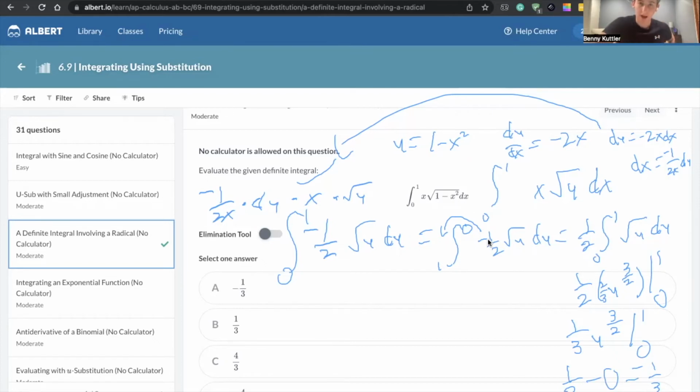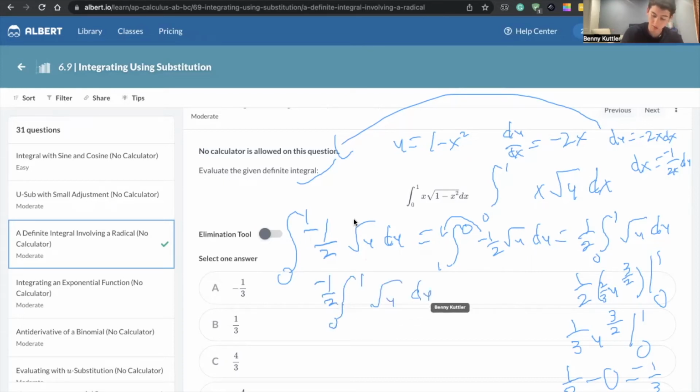Instead of changing our bounds to be in terms of u, I'll erase some of this up here. For this step right here, you can continue on doing this in terms of x, and then later we'll see what we can do. So now this becomes -1/2 times the integral between 0 and 1 of square root of u du.